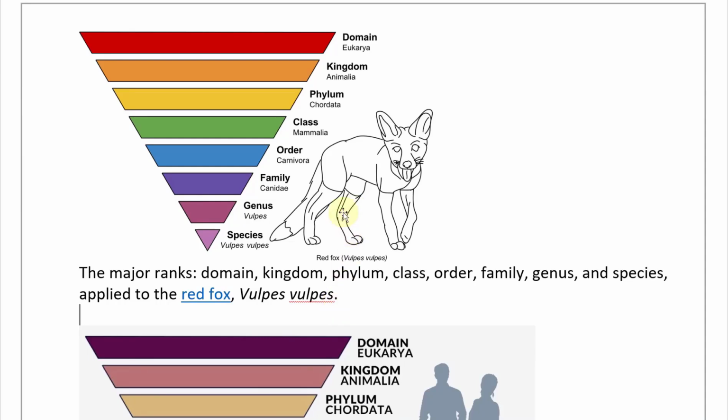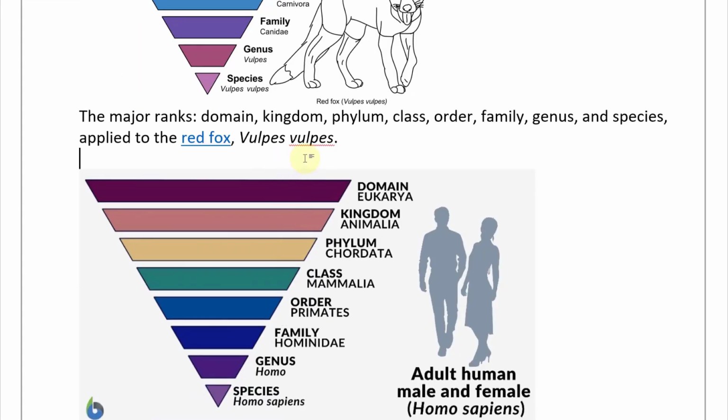This one's for a red fox. The major ranks, domain, kingdom, phylum, class, order, family, genus, and species apply to the red fox. Vulpes, I think it's pronounced Vulpes, and then Vulpes. So the genus and the species have the same name. I had to Google the pronunciation. So that looks like that.